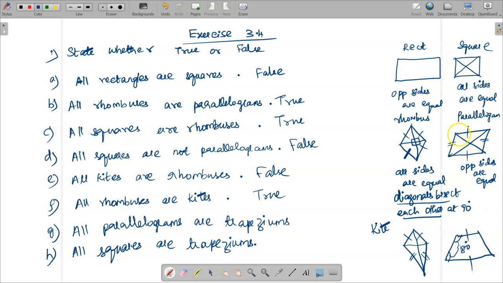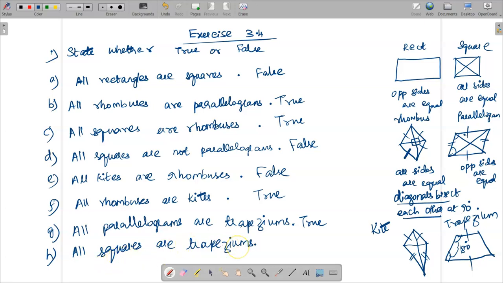Here also when we add adjacent angles, we get 180 degrees. In a parallelogram these two sides are parallel, so definitely all parallelograms can be trapeziums. So the statement is true. Are all trapeziums parallelograms? No.